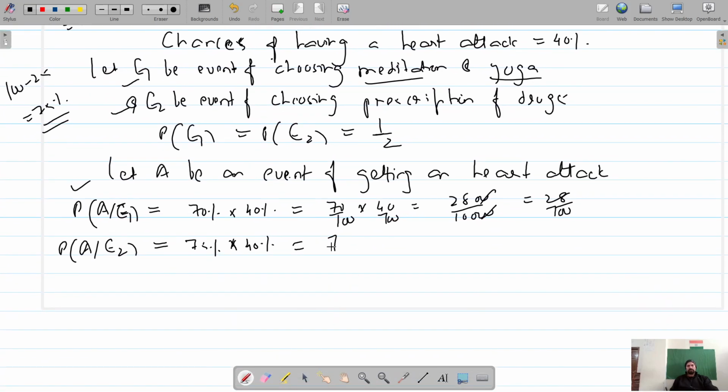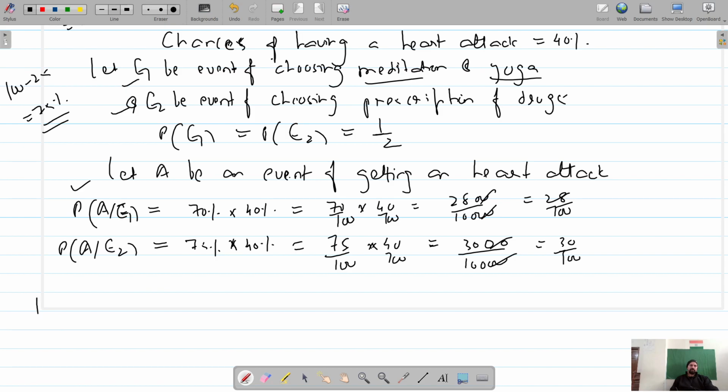So that should be 75 by 100 into 40 by 100, which gives me 30 by 100. So it's still 30% risk of getting a heart attack.